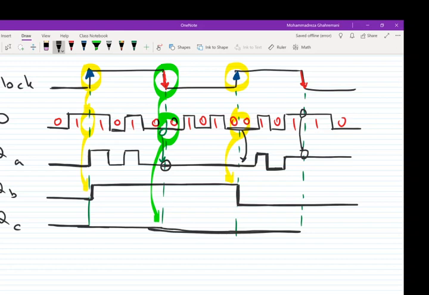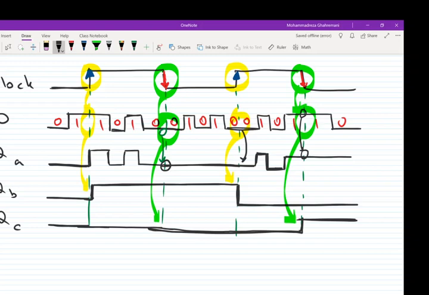On the next falling edge, again, the value of the input at the transition point will be moved to the output, because it's 1, the flip-flop will set to 1.